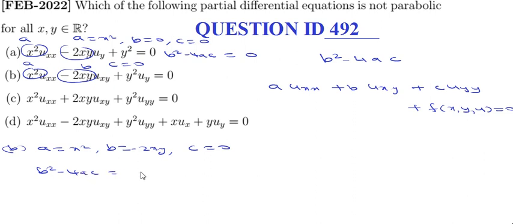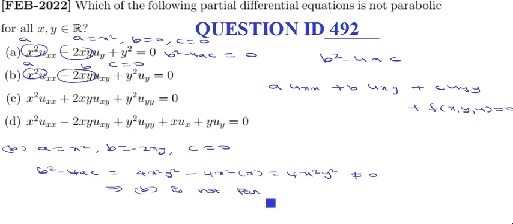So b square is 4x square y square minus 4x square times c, which is 0. So this is equal to 4x square y square, which is not equal to 0. So therefore this equation is not parabolic. So B is not parabolic, so therefore this is the correct option.